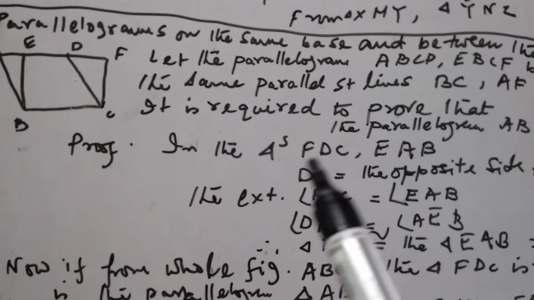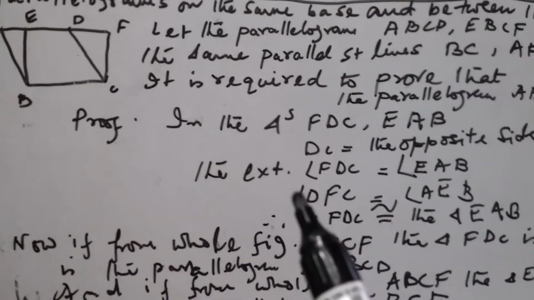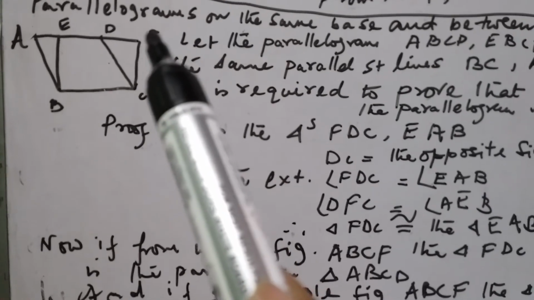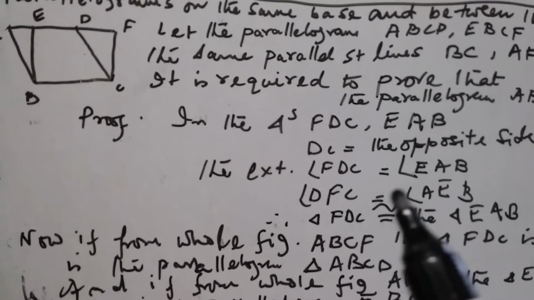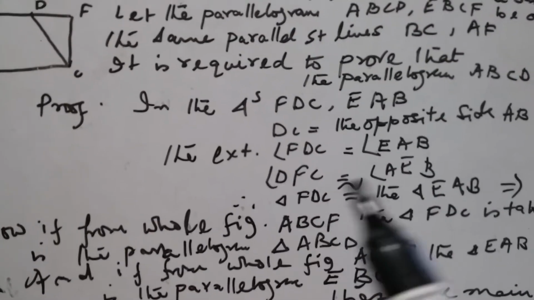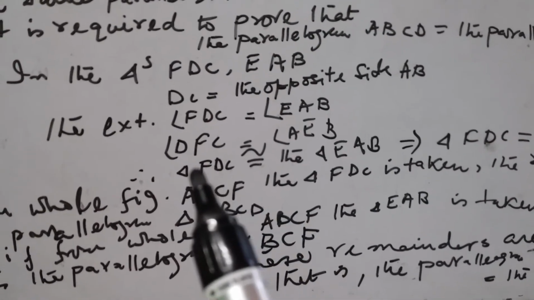From triangles FDC and EAB, DC is equal to AB, opposite sides, as I told you earlier, and angle FDC is equal to angle EAB, corresponding angles since they are parallel, and angle AEB is equal to angle DFC, as I told. So these two triangles are congruent, hence their areas are equal.